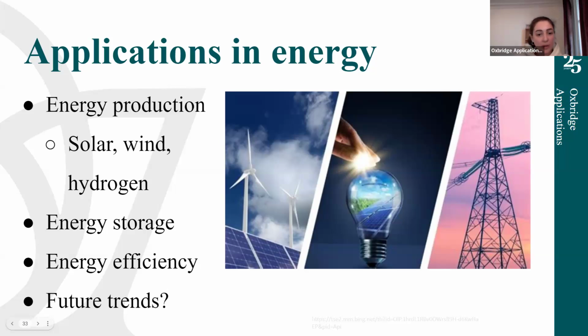Wind turbines also, nanomaterials are used to improve the performance and durability of wind turbine blades. So things like carbon nanotubes and graphene composites make the blades stronger, lighter, and more resistant to environmental damage. So this increases their lifespan, decreases costs, and increases efficiency. Hydrogen production as well.